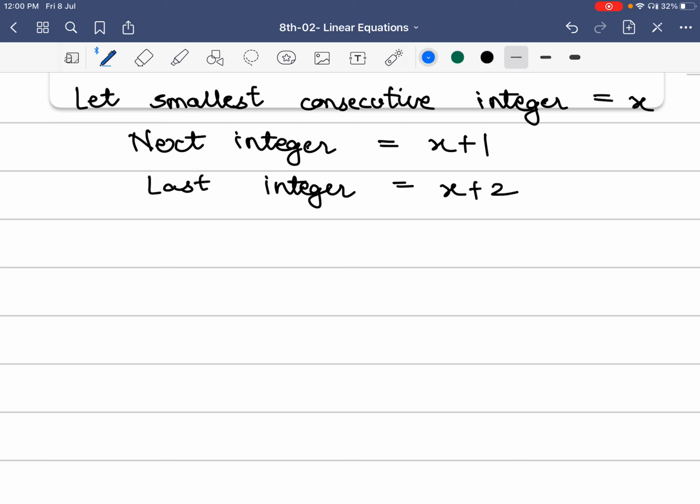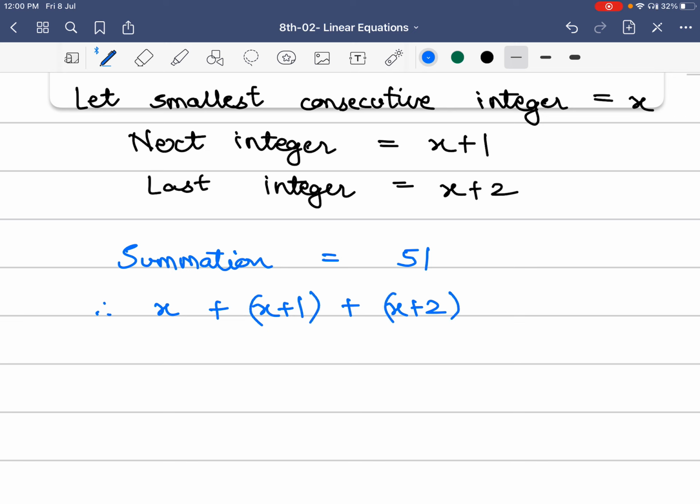Let's first note down the summation is given to be equal to 51. Therefore x plus (x plus 1) plus (x plus 2). I'll put brackets for emphasis. These are my 3 consecutive integers whose addition is equal to 51.